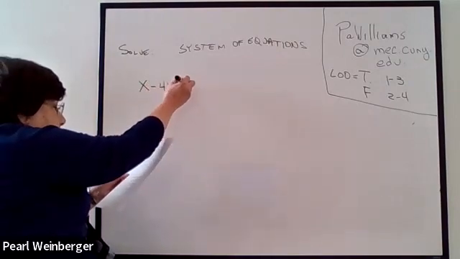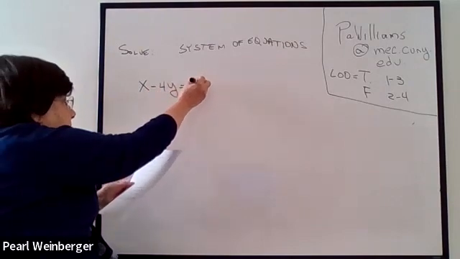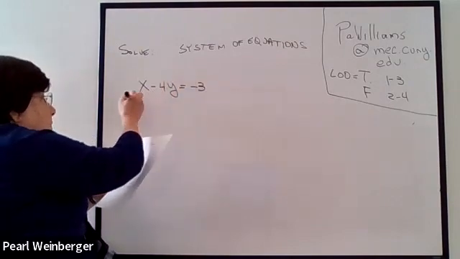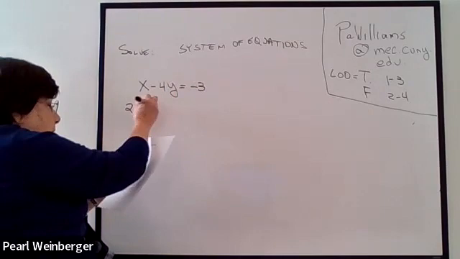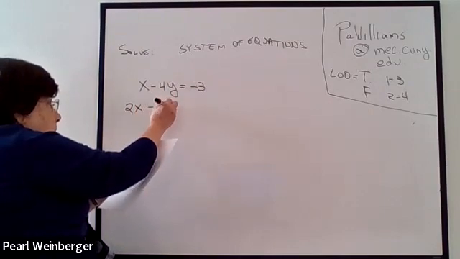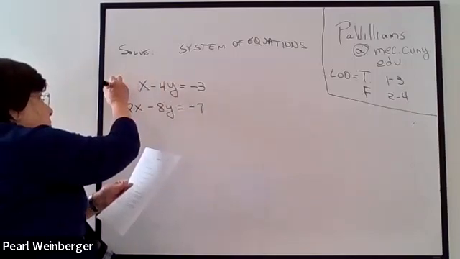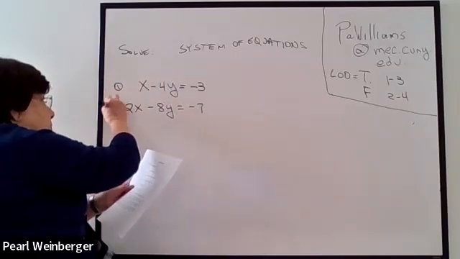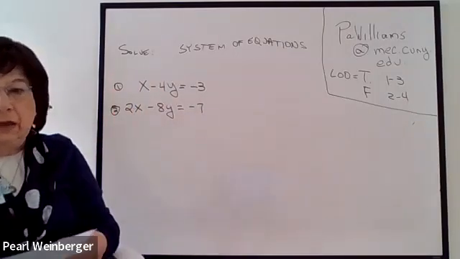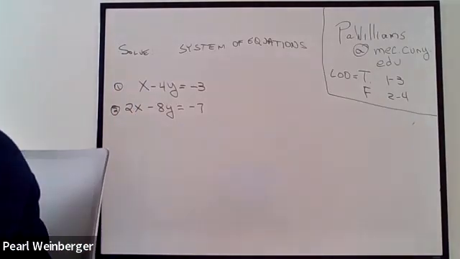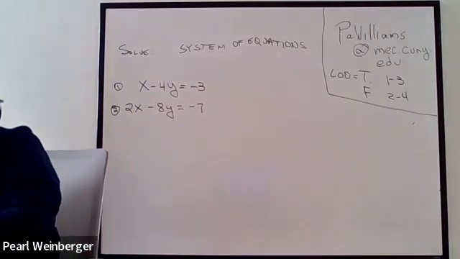So the first equation is x minus 4y equals -3. And my second equation is 2x minus 8y equals -7. So here's equation number 1, and here's equation number 2. While I'm taking attendance, please try and solve that system of equations.